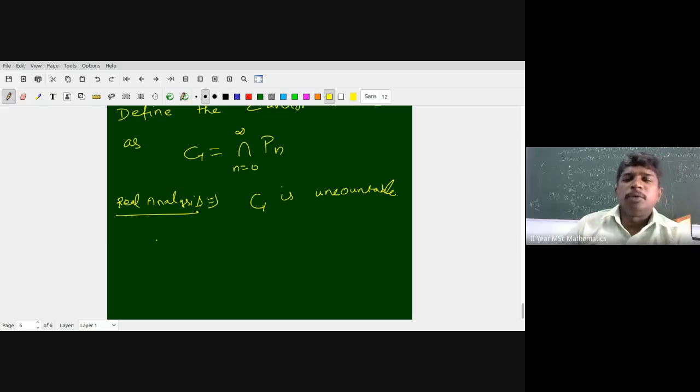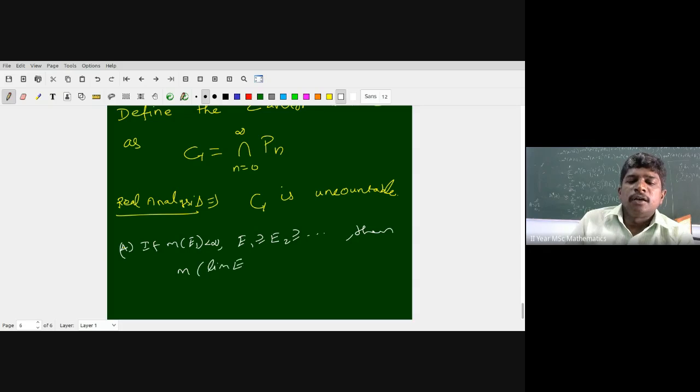So now we calculate the measure of C. It is an uncountable set. We calculate the measure of C using the properties of the measure. Fourth property, you remember that? The fourth property is, if the measure of E1 is finite and E1 contains E2, contains E3, and so on, then the measure of the limit of En, which for a decreasing sequence is the intersection of all the En, is the limit of the measure of En.